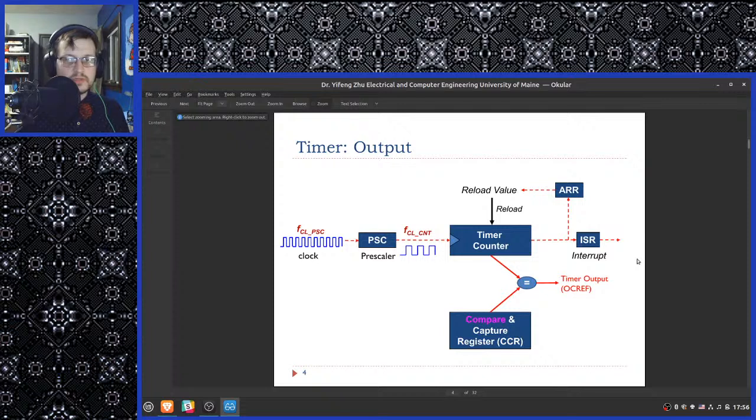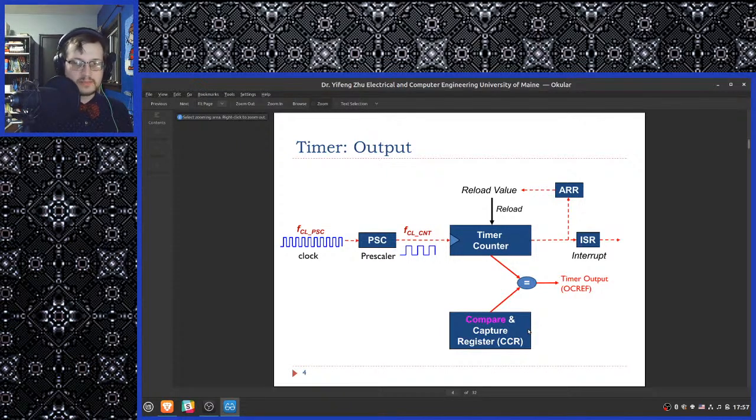In addition to the auto reload register, which is configurable, there's also the compare and capture register. The compare and capture register holds the value relevant to both comparison and capturing, as the name says. When you're in comparison mode, you load CCR with the timer value that you want to generate the signal on.